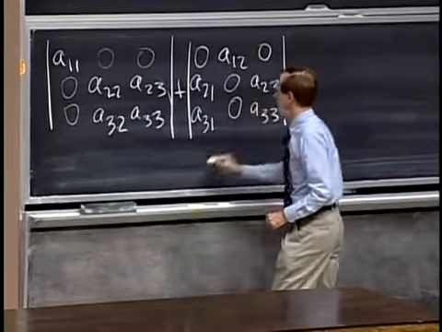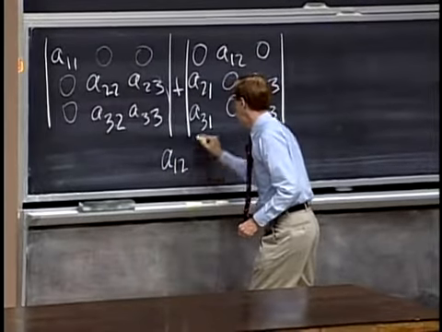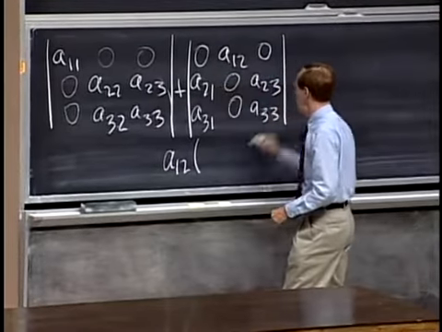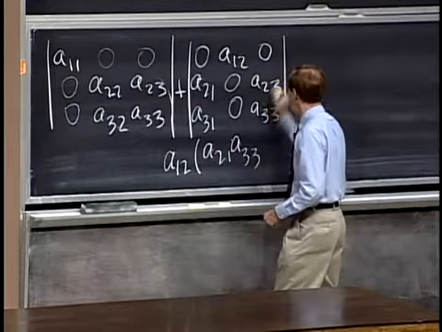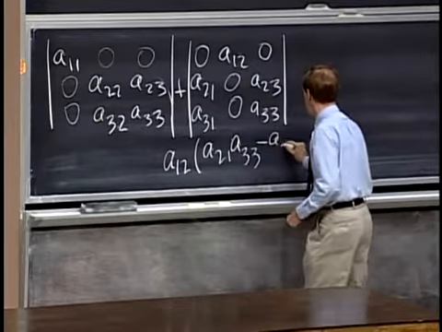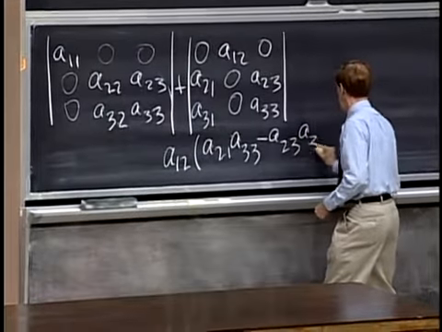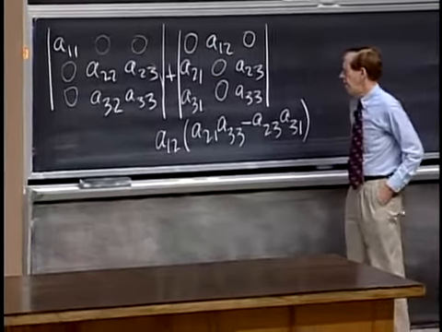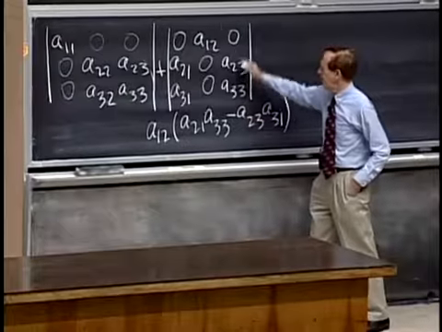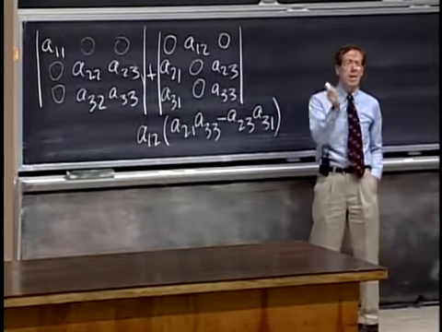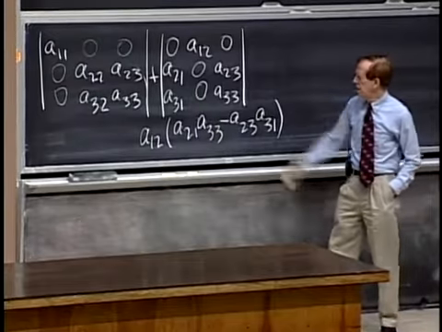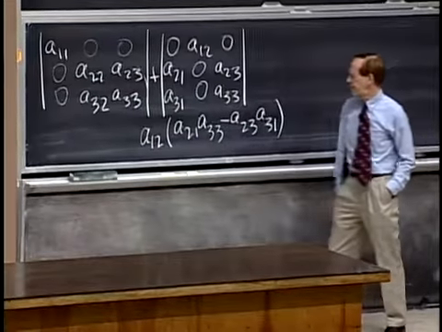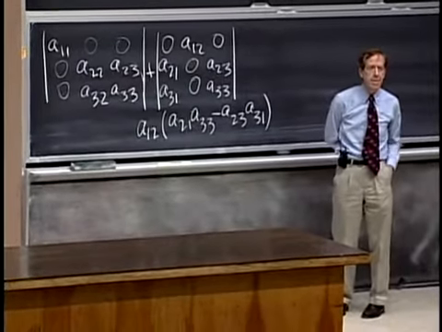This will give me A12 times this determinant, A21, A33, minus A23, A31. So that's all the stuff involving A12, but have I got the sign right? Is the determinant of that correctly given by that, or is there a minus sign?